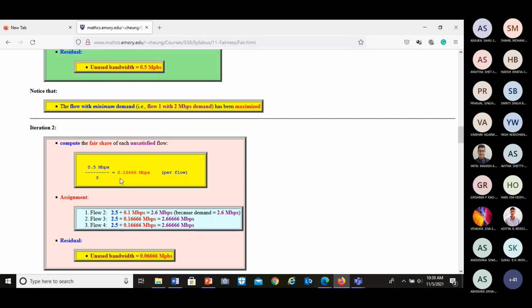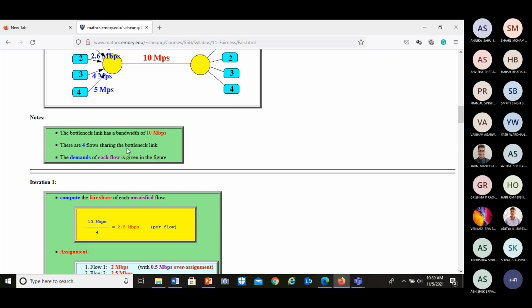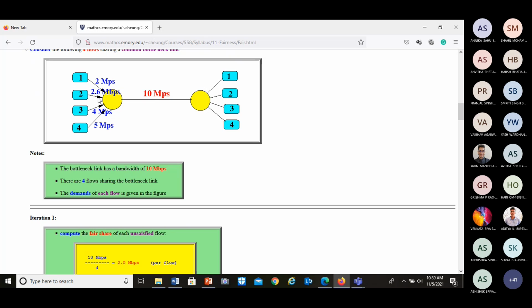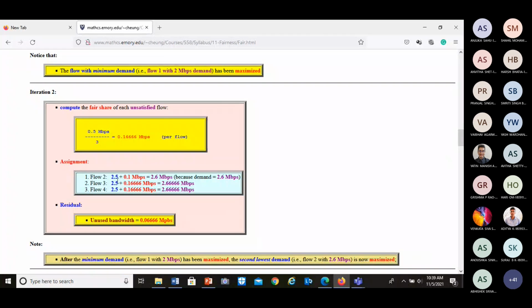For the second flow, 2.5, you are not adding the whole 0.166 because flow 2 requires only 2.6. Initially we already allocated 2.5, and adding 0.166 would be more. So 0.1 is sufficient: 2.5 plus 0.1.